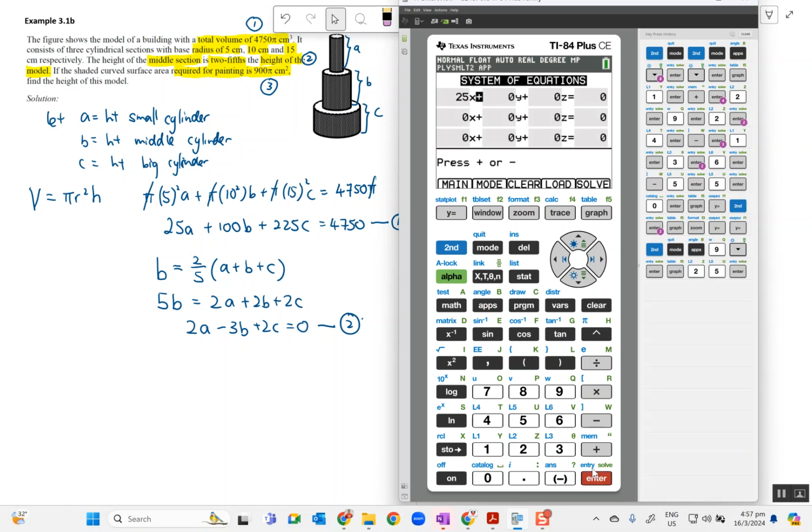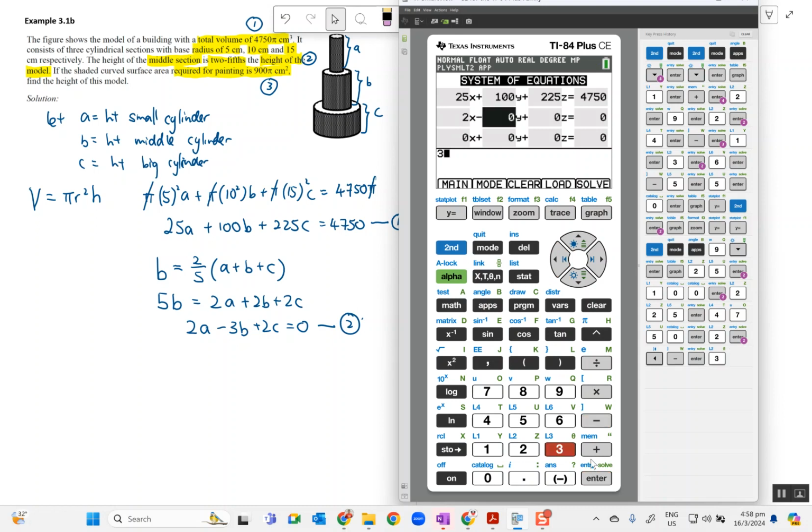In this case, x is your A, y is your B, and z is your C. You can key in the first equation. Be careful with the second equation, because it is minus 3B, so make sure you put minus, and then 3y and 2z.